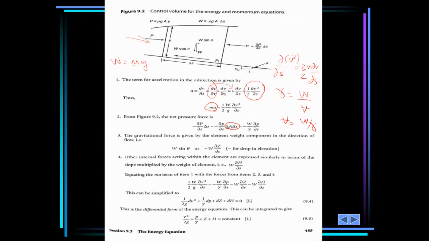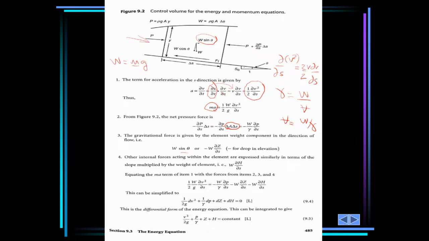Let's move to the gravitational force acting, which is given by the weight component in the direction of flow. That is the blue sine theta. This is the weight component in the direction of flow, which is simply W sin θ, and based on the geometry, sin θ is simply opposite over hypotenuse.